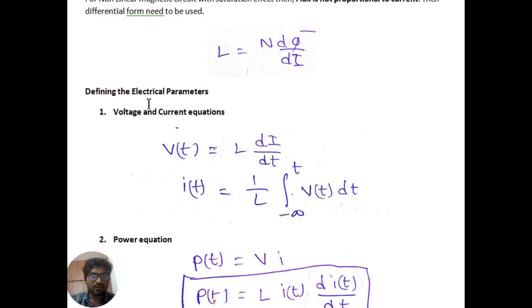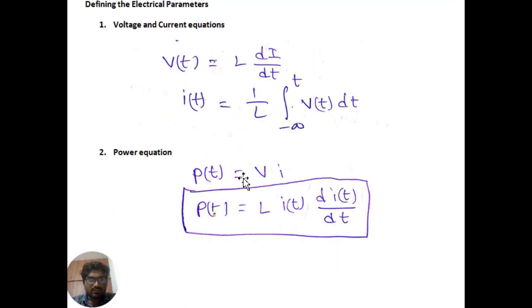Now defining our electrical parameters, voltage and current. So V is equal to L di by dt. When we rearrange this, the current will be 1 by L integral from minus infinity to t of V dt.